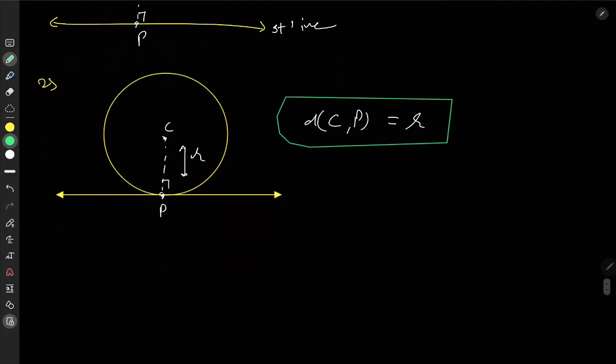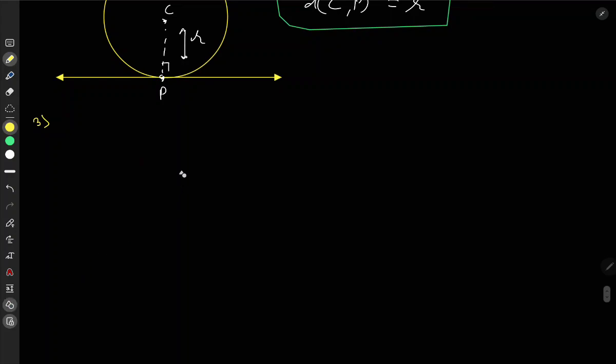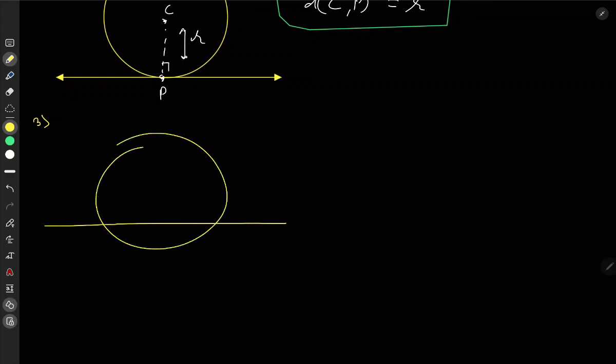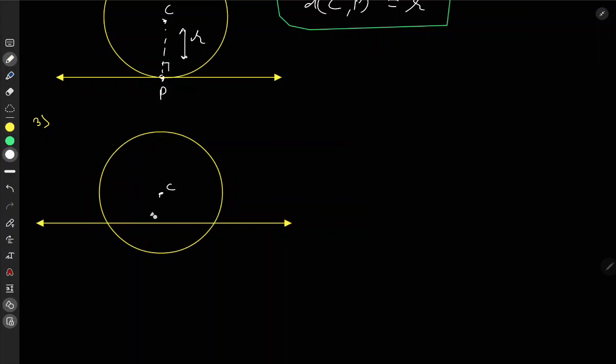Now the third one, wherein the line is inside the circle like this. In such a case, this is the center and this is the point P, the perpendicular, and this is the radius.